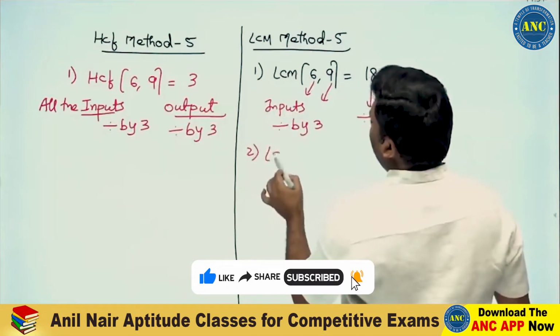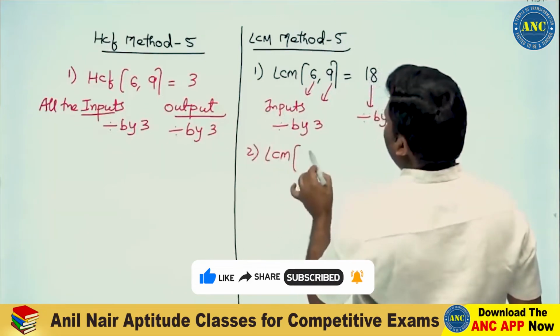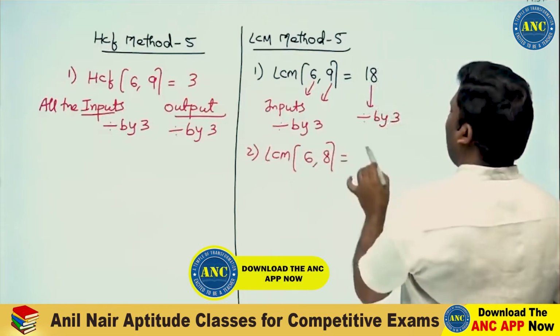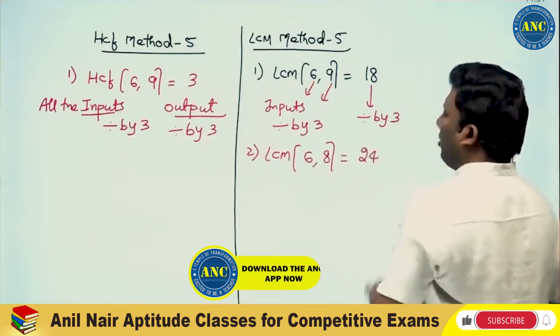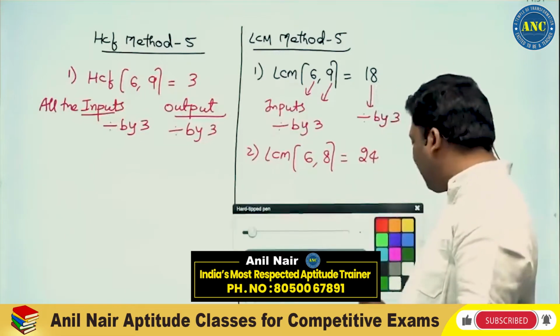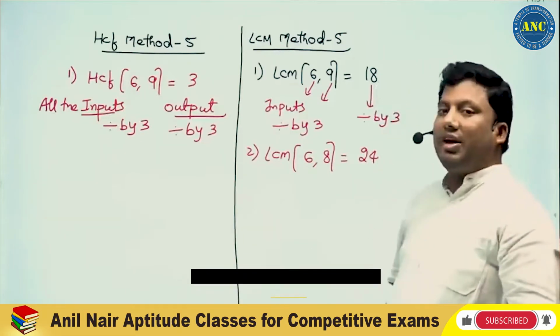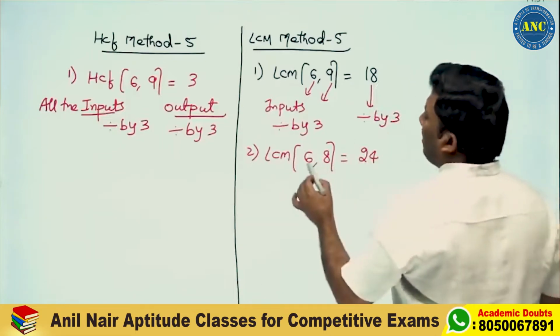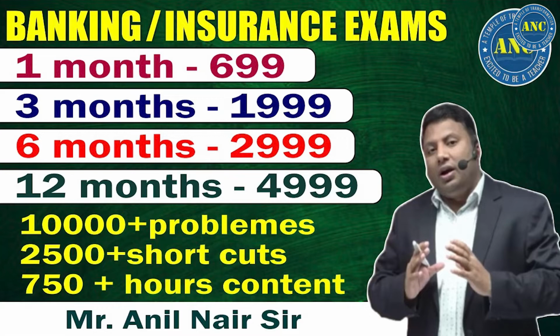Suppose for example, LCM of 6, 8 is 24. Now listen carefully. LCM of 6, 8 is 24. 6 is divisible by 2, 8 is divisible by 2, and 24 is also divisible by 2.